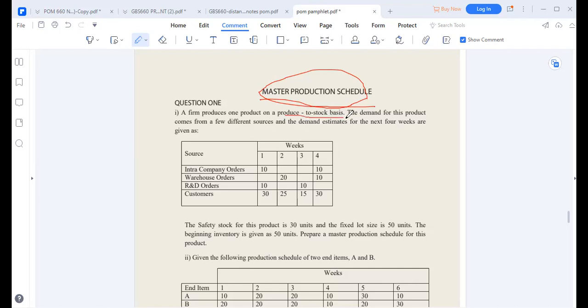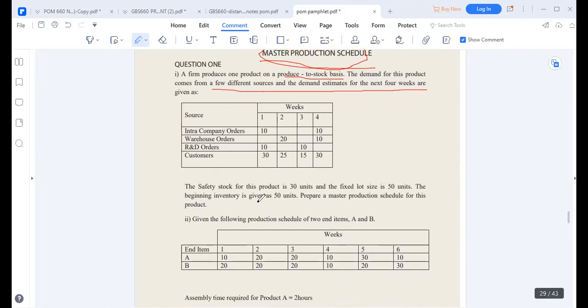The demand for this product comes from different sources for the next 4 weeks. We have the source of demand coming from the intra-company orders, the warehouse orders, the research and development orders, and also from the customers. So we have these demands coming from various sources.